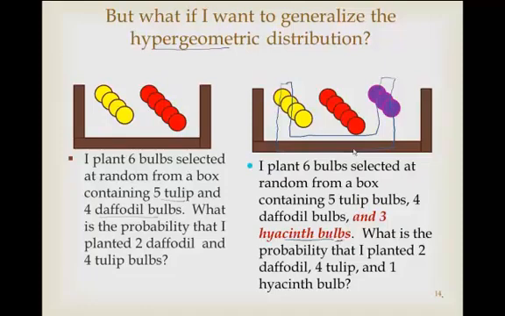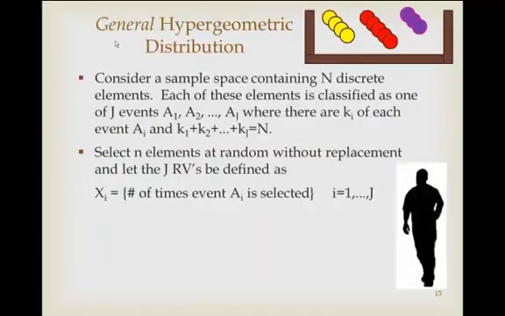Well, you've got to get something a little bit more general, and because it's more general, we call it the general hypergeometric distribution. And for that one, all we need to do is write down this xi, which means the number of times that some event is selected. So we could say, what's the probability, for example, that we will select 2 daffodil bulbs and a certain number of these remaining other bulbs, out of whatever clutch of bulbs we're selecting.